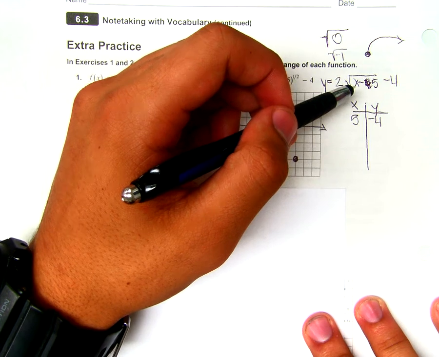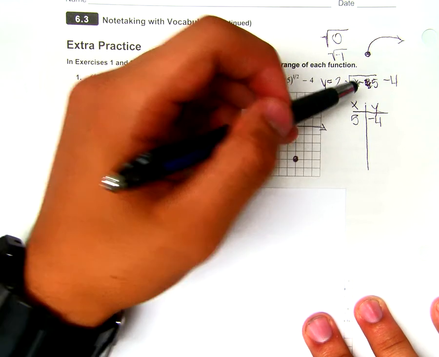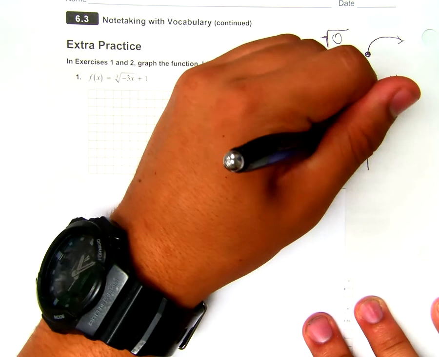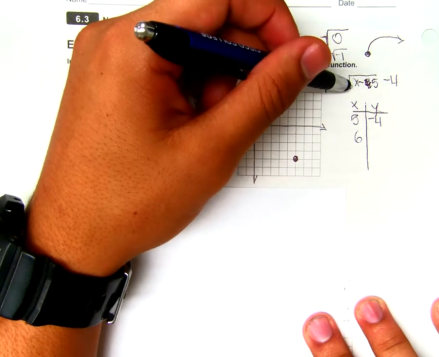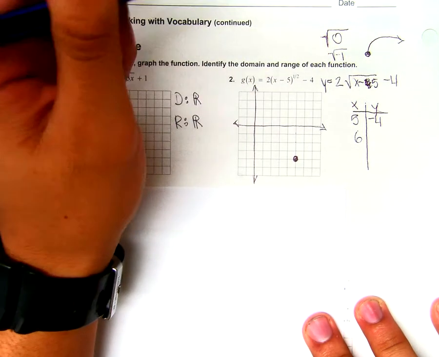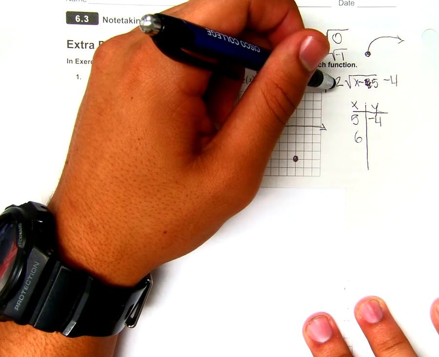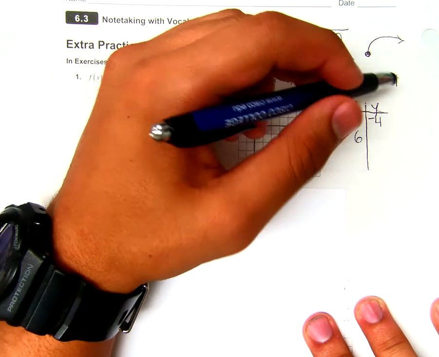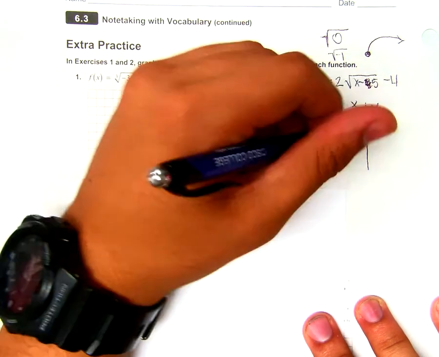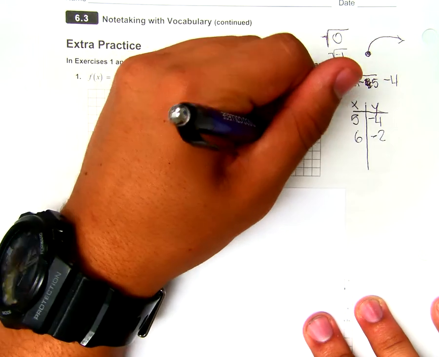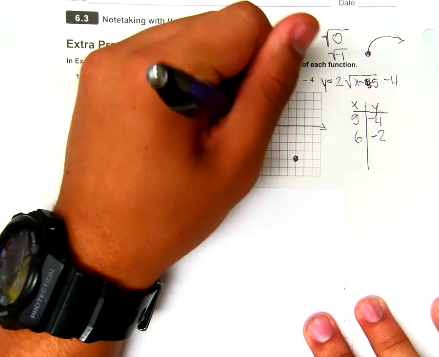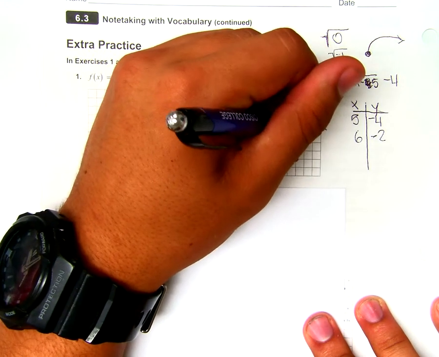Well, 1 is a perfect square. 1 times 1 is 1. So that's a good number to use. So 6 minus 5 is 1. The square root of 1 is 1. 1 times 2 is 2. And 2 minus 4 is -2. So here we have 6: 1, 2, 3, 4, 5, 6, down 2.